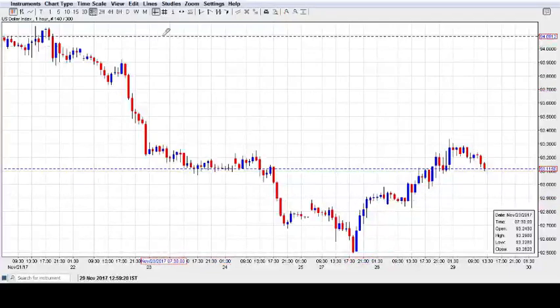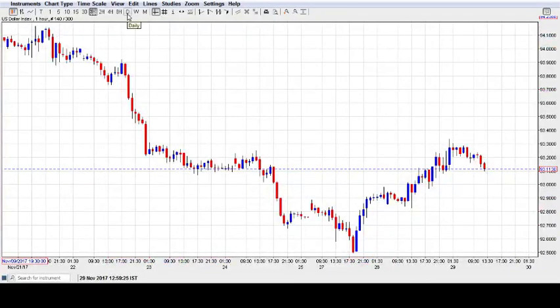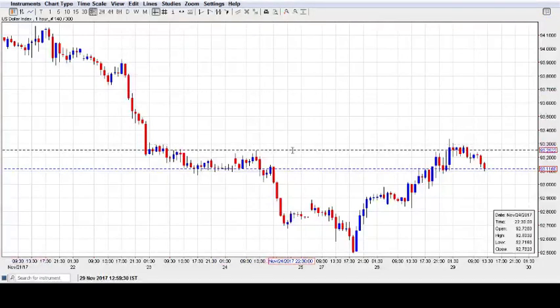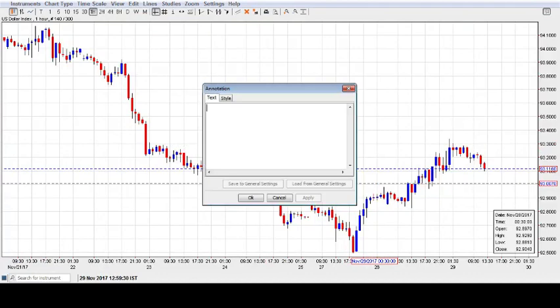If you're looking into these wave counts, I think that's the first one.